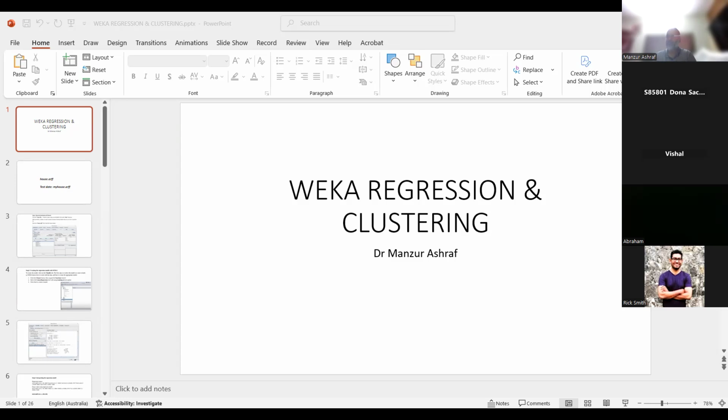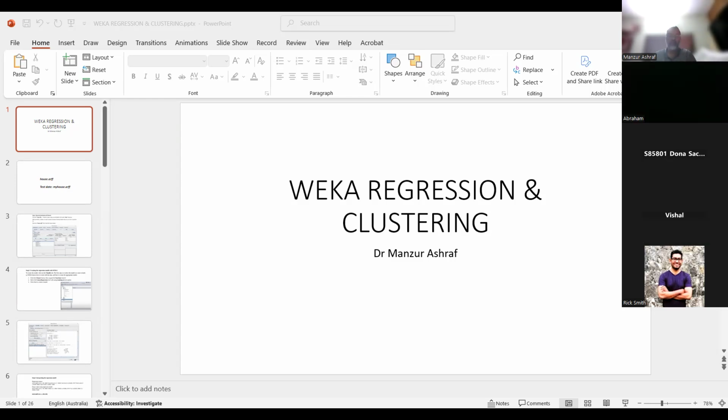Okay, what is regression? If you can recall from the previous lecture, when we have a table of data and we need to identify a class of output, for example, diabetes or a disease, cancer or anything, or identifying a particular type of leaf.